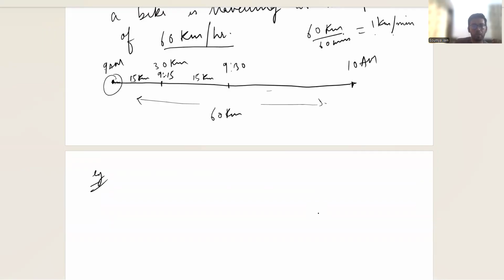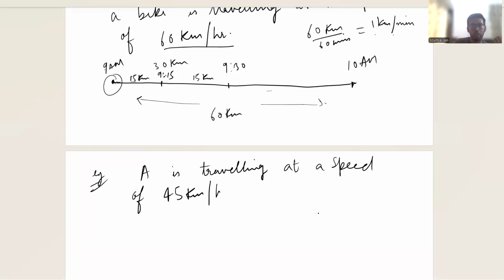Let's say A is traveling at a speed of 45 kilometer per hour, how much will he travel in 2 hours?